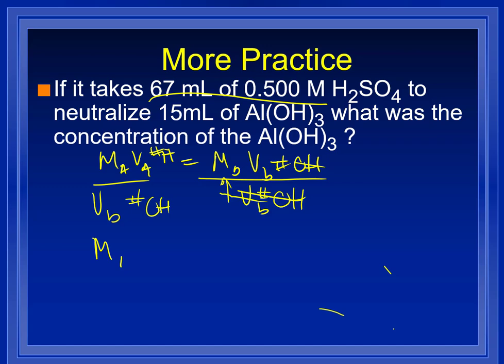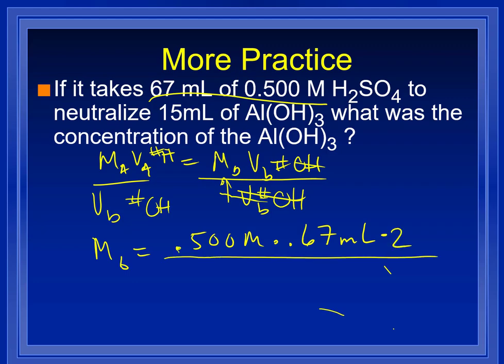So my molarity of the base is going to be the molarity of the acid, 0.500 molar, times its volume, 67 milliliters, times the number of H's, 2, divided by the volume of the base, 15 milliliters, times the number of OH minuses, 3.